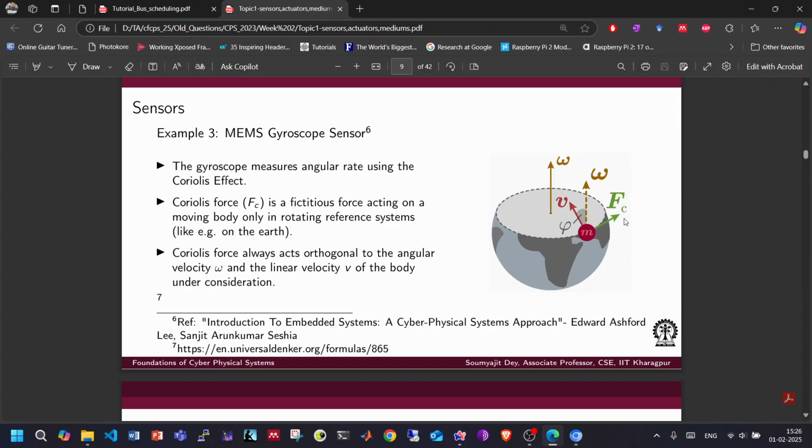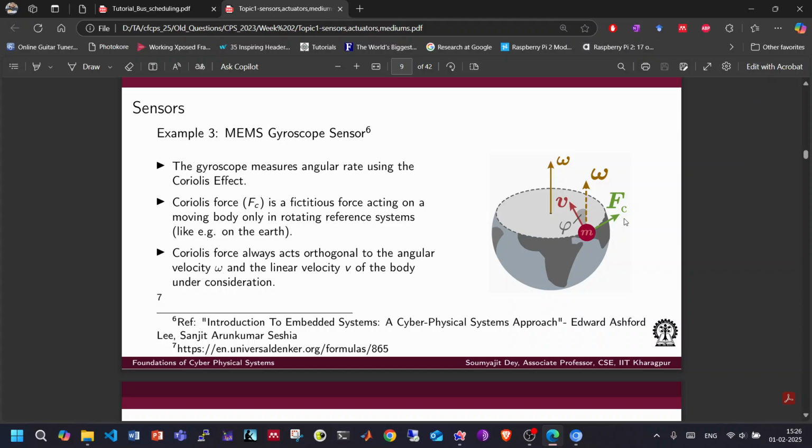The proof mass is placed in the middle of the whole structure. Since it's suspended in a 3D environment, it can measure how much Coriolis force is applied perpendicular to which axis.